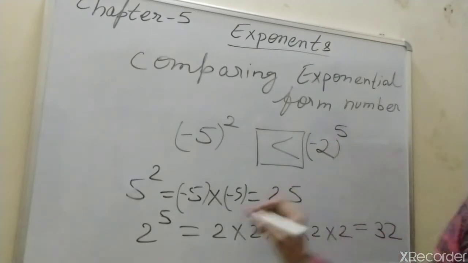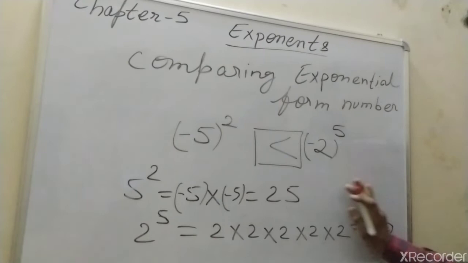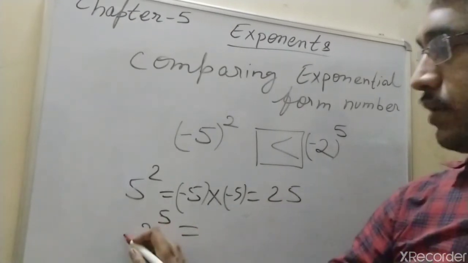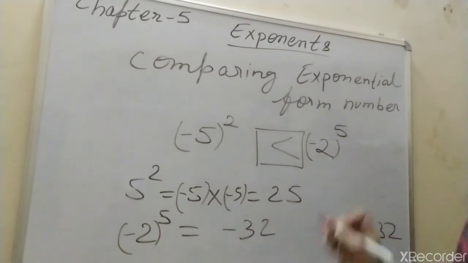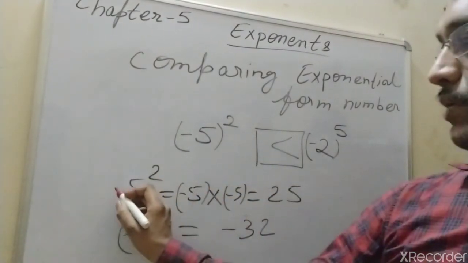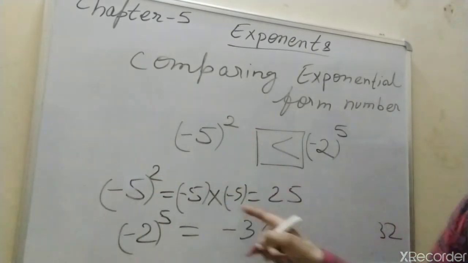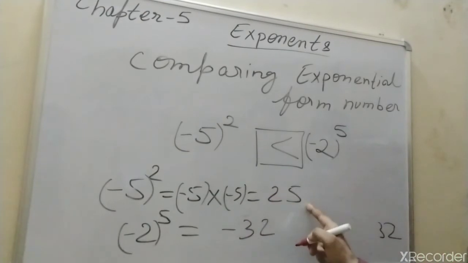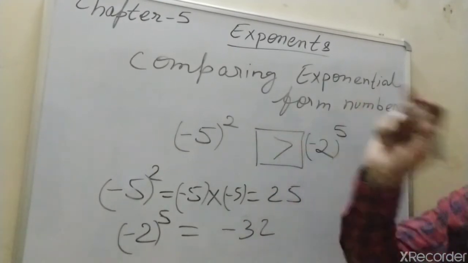Then all will multiply, and you will get the result. If the number is minus 2, you will get minus 32. Okay, and this is 25. If this number I have written minus 5 whole square, so this is 25, minus into minus plus, and it is minus 32, then in that case this number is greater.